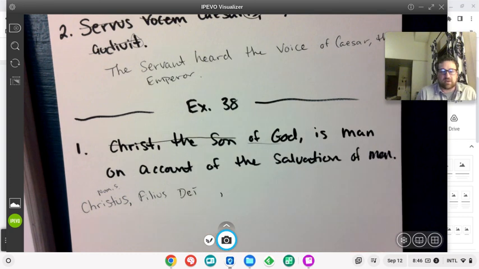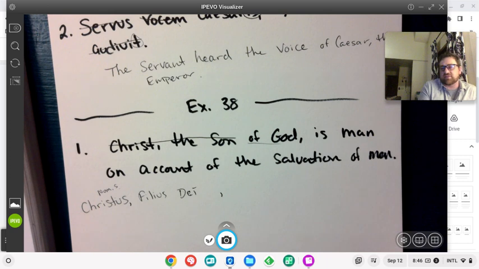Is man on account of the salvation of men. So in this particular sentence, I think it would be a little clunky to say man on account of salvation of men is. Typically you'd want to say is man.